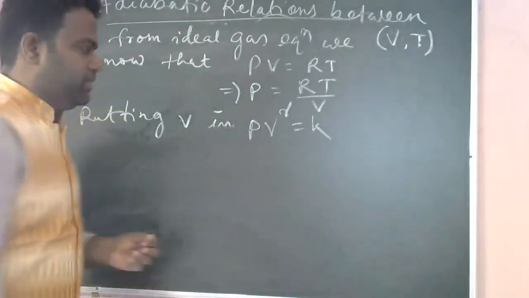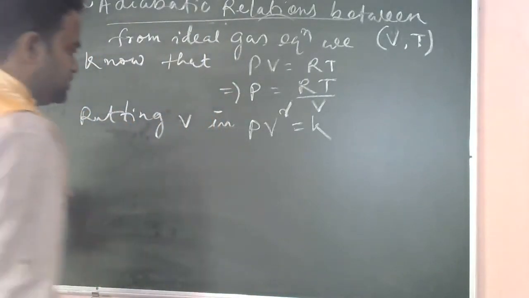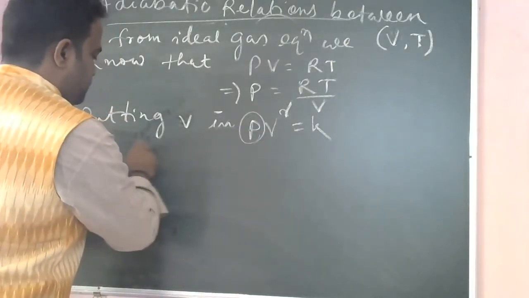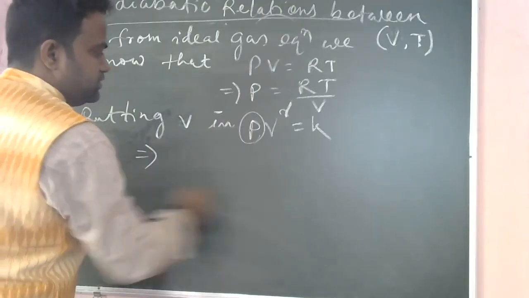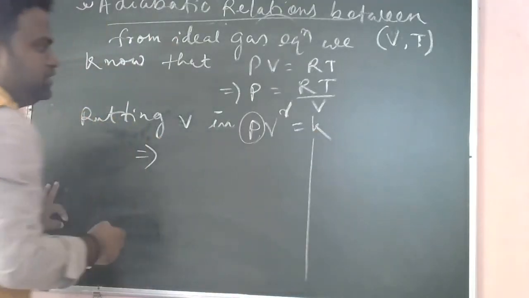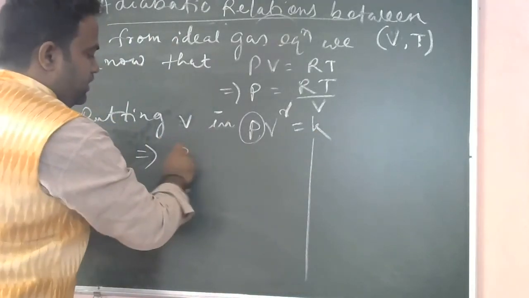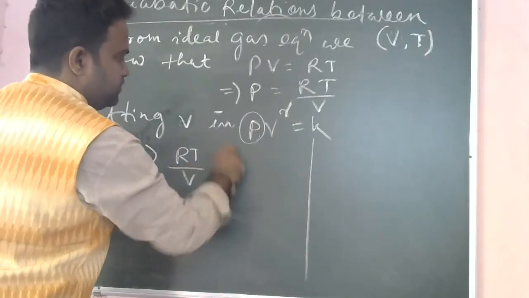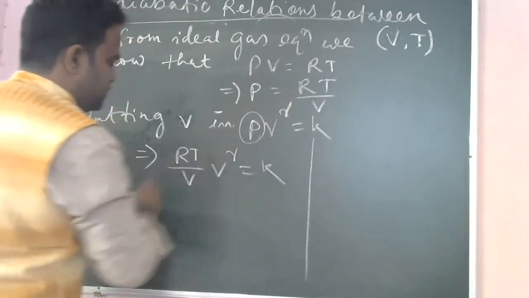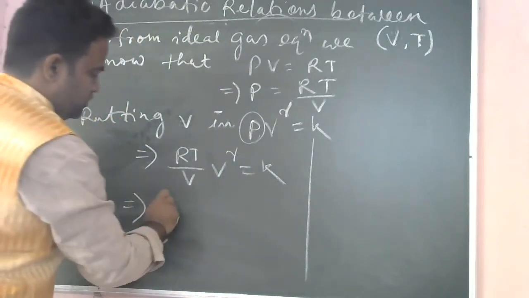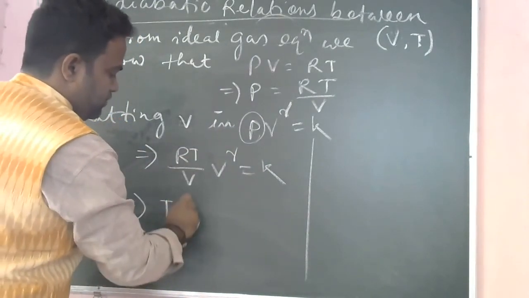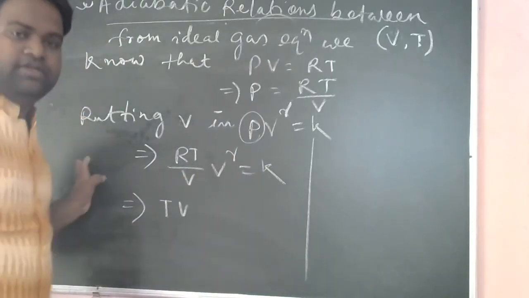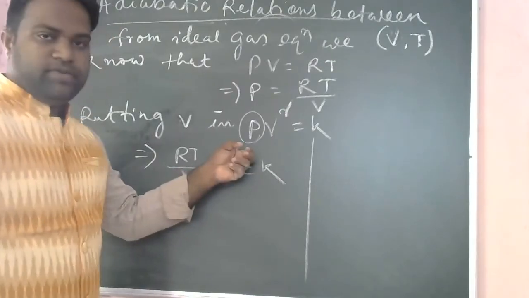Volume and temperature in an adiabatic case we are discussing, remember, not isothermal. So by replacing P, I'll get RT upon V, and this is V to the power gamma is constant. Now this will be T V. If V goes up in the numerator, it will become V to the power minus 1.